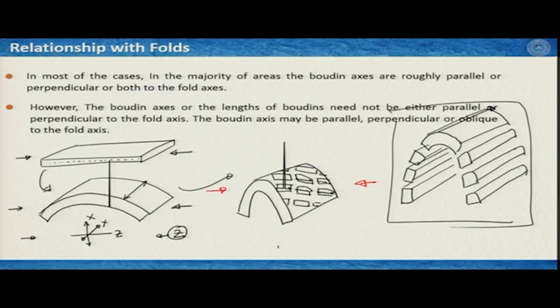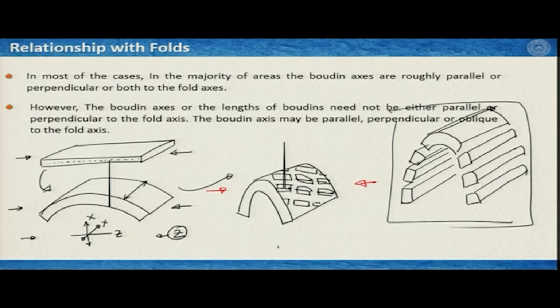This is something, as I told you also, when you look at the Boudinage and try to correlate it with the strain ellipsoid, the same warning or same measures must be considered when you try to correlate the Boudinage processes with the fold. This is because the occurrence of Boudinage structure in a transverse section of a fold does not necessarily imply that the Boudin axis is parallel to the fold axis.